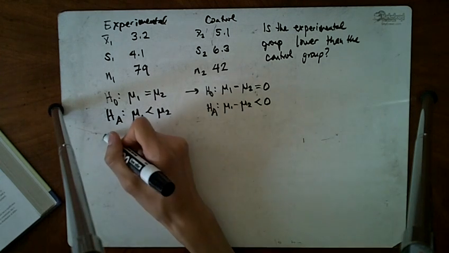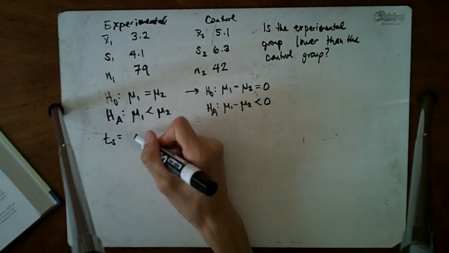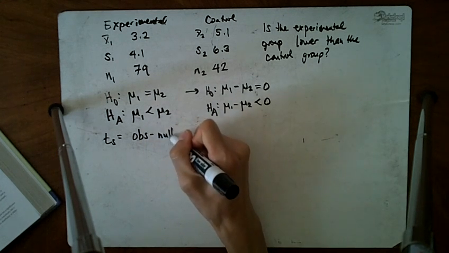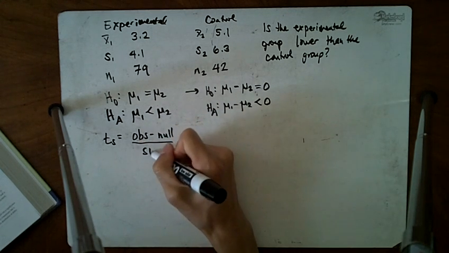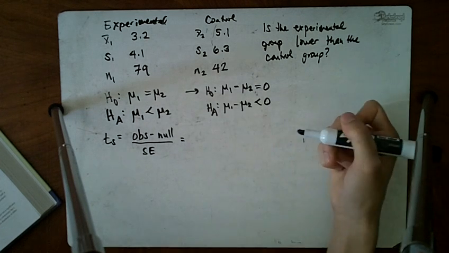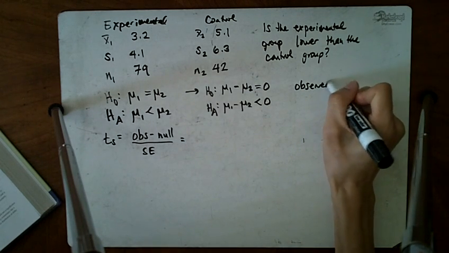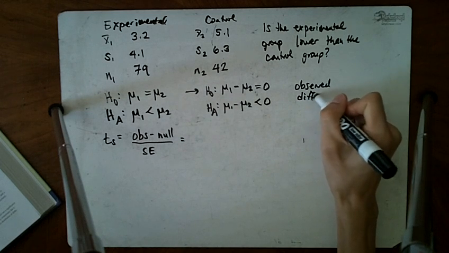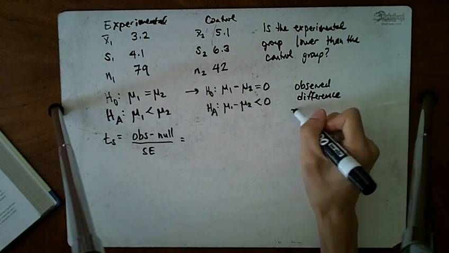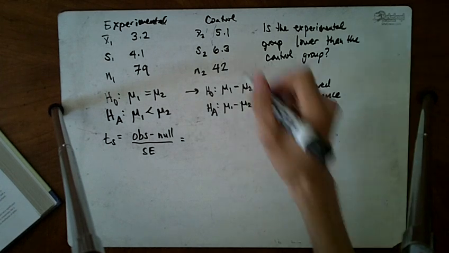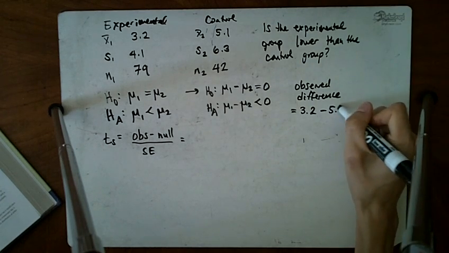So in this case, our test statistic is what we observed minus what the null hypothesis states, divided by our standard error. So what is the observed difference? Well, what we saw was group 1 had a mean of 3.2, and group 2 had a mean of 5.1.